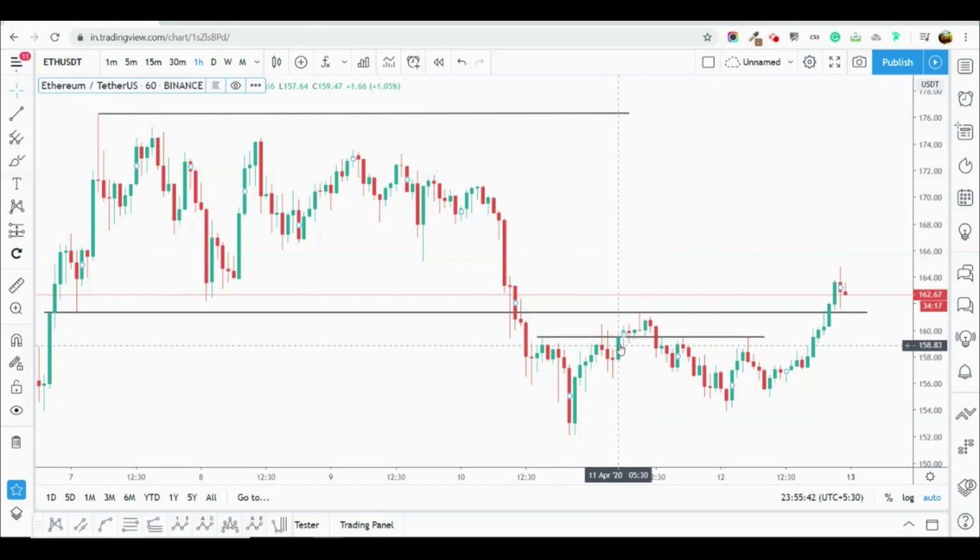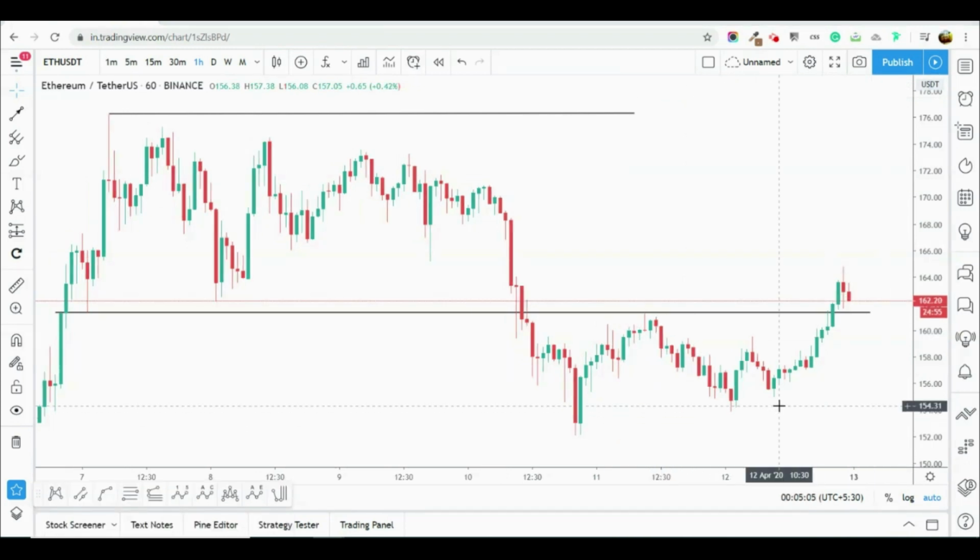So in this case, this line is getting invalidated. So this resistance is not a very strong resistance. We can call it a weak resistance, and we do not need to consider it in a lower time frame. The 1 hour time frame is considered a lower time frame in crypto because it moves very fast and is very volatile.